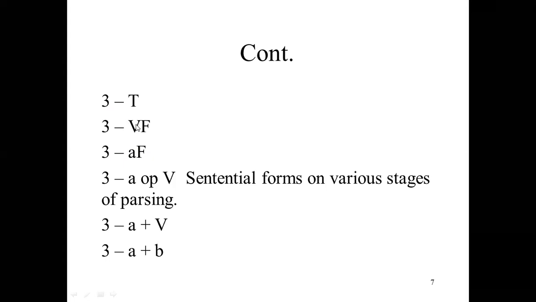We can choose the value of V either A or B, but first you have to check what is the input string. Our input string is 3 minus A plus B. Then it is mandatory we have to choose the value of V here as A. So 3 minus A, and we will write the same thing F here. Okay. No problem at all.